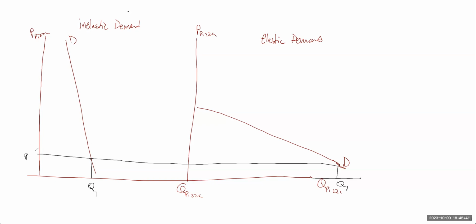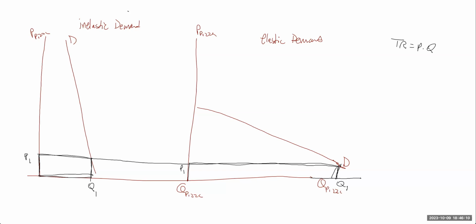Q1, P1. All right. Remember, total revenue is equal to price times quantity. Price is this vertical distance. Quantity is this horizontal distance. So total revenue is this block for inelastic demand and this block for elastic demand.